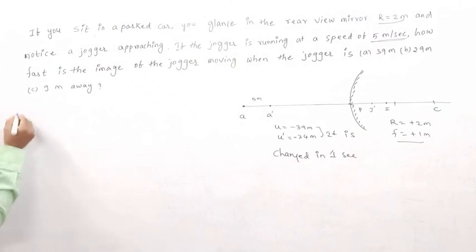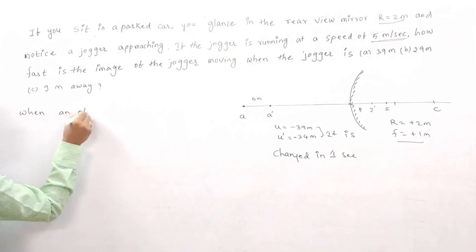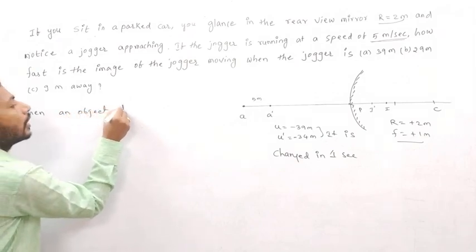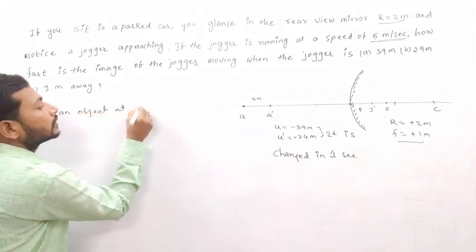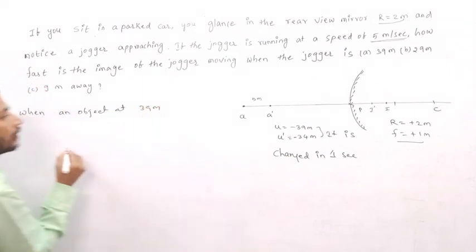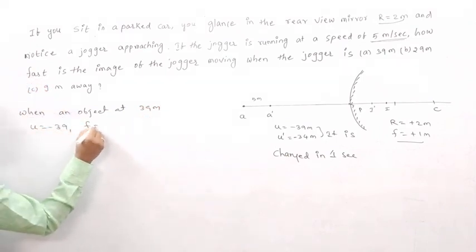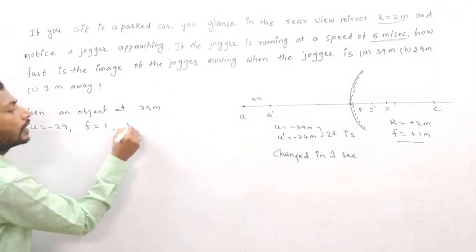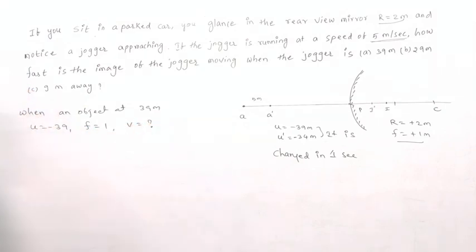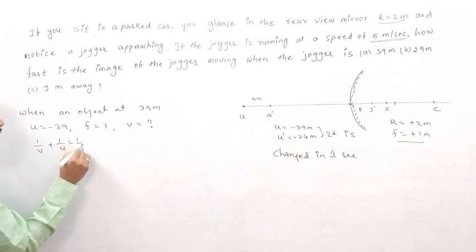First case, I am writing here, when an object is at 39 meters, what is the formula? u equals minus 39, f equals 1 meter, then v equals question mark. We know the formula 1 by v plus 1 by u equals 1 by f.